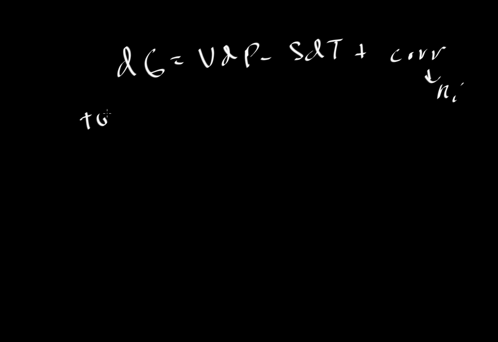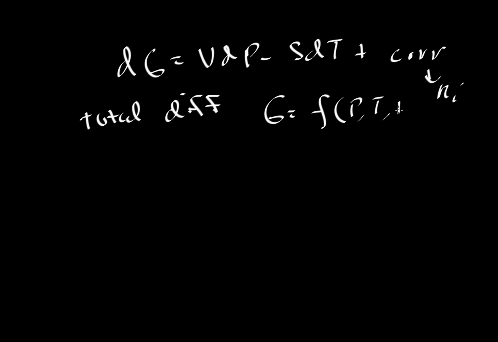We're going to write something called a total differential. So if we have Gibbs free energy, or any function, it doesn't matter what it is, that is changing as a result of changes in pressure, temperature, and moles of i, the total differential can be written like this.